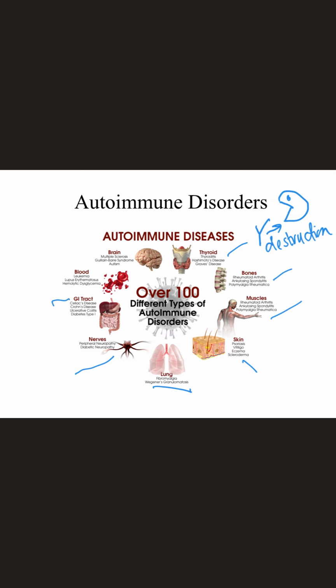Pretty well-known ones, I would say, are celiac, Crohn's, ulcerative colitis, and type 1 diabetes. The leukemias, lupus, hemolytic types of disorders, and in the brain, we've got Guillain-Barre, possible autism, multiple sclerosis.